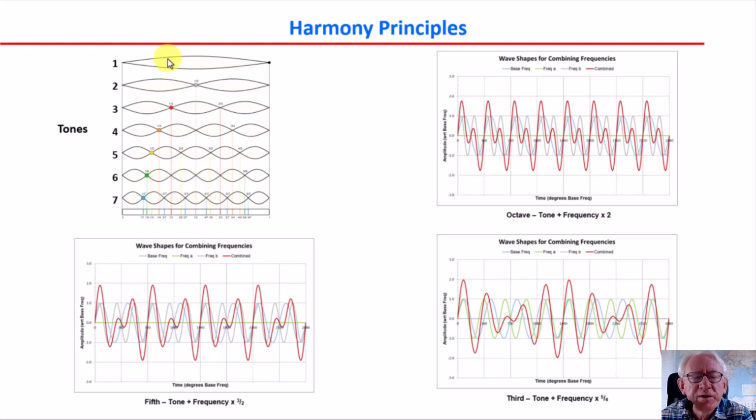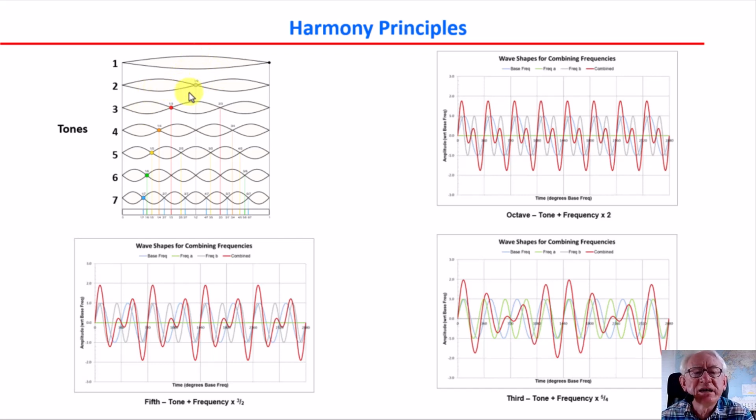Now, the fundamental frequency is associated with the basic oscillation, where there's just one oscillation across the full length of the string. The higher frequency oscillations are referred to as harmonics. So we have the fundamental frequency of the system, and then we have the harmonic frequencies associated with that fundamental. The harmonics are whole number multiples of the fundamental frequency.